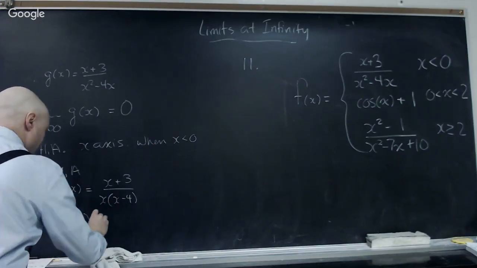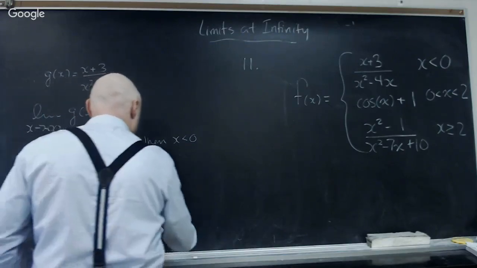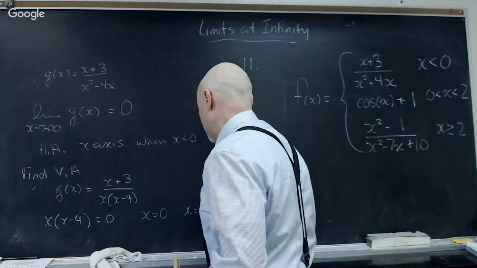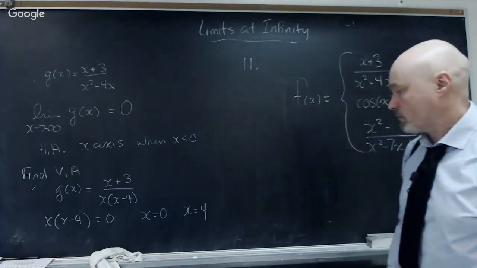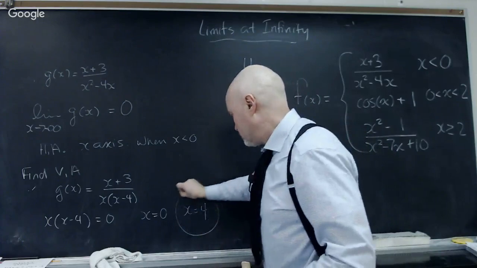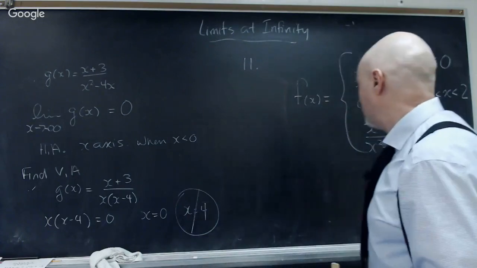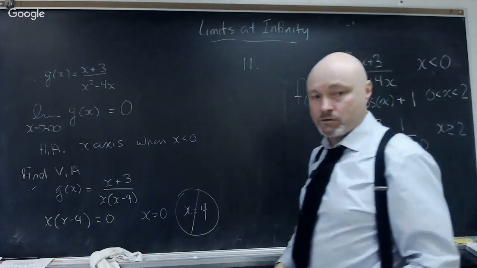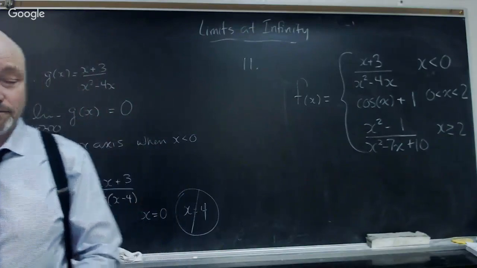Just solving x times x minus 4 equals 0. It has a vertical asymptote when x is 0. It also has a vertical asymptote when x is 4. I don't have to worry about the vertical asymptote when x is 4, because x is less than 0. You're never going to get there.